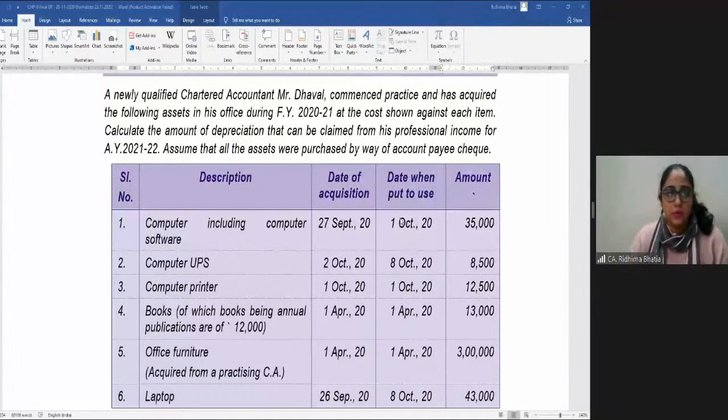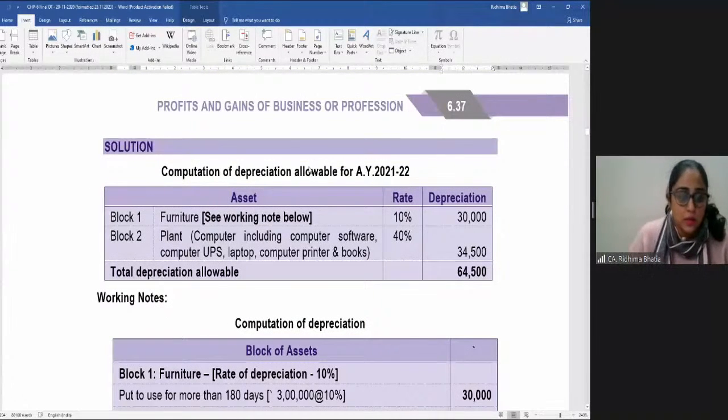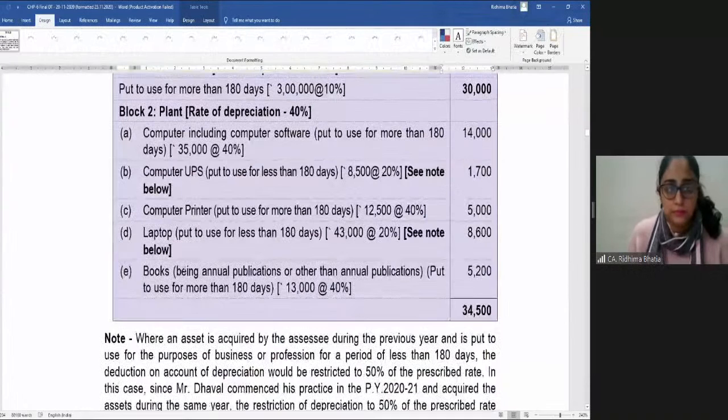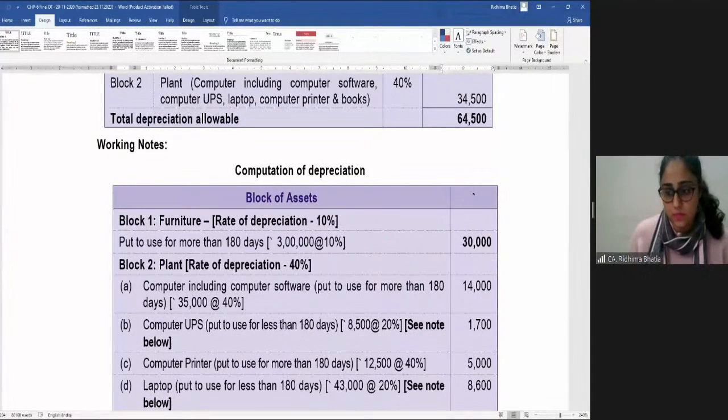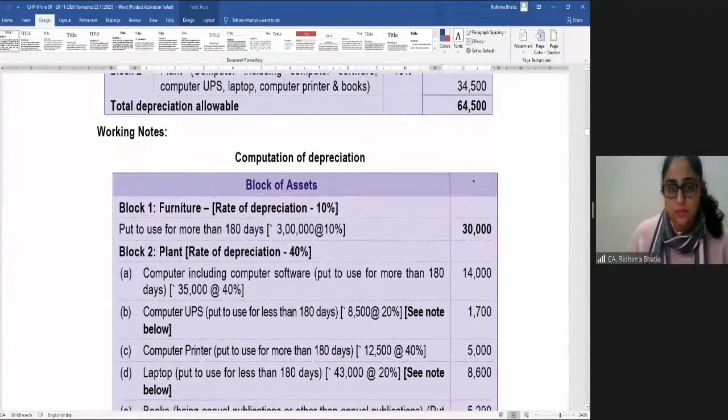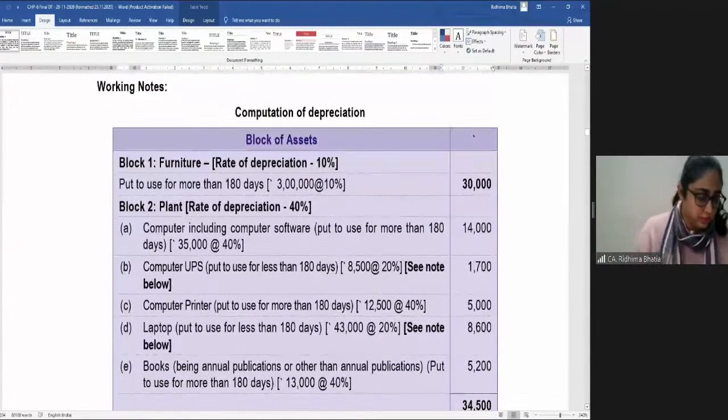Others, what happened? Why is there an error? See. What is the mistake done?